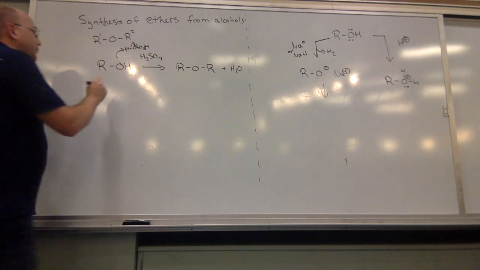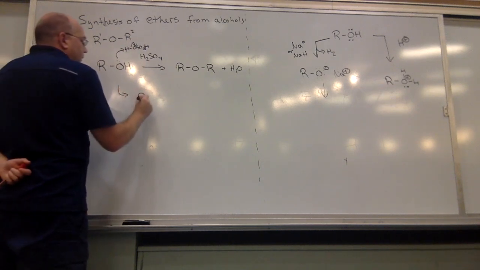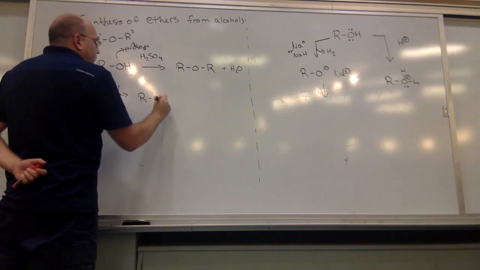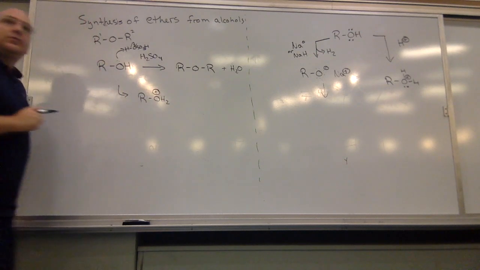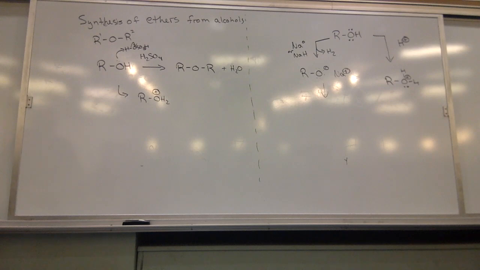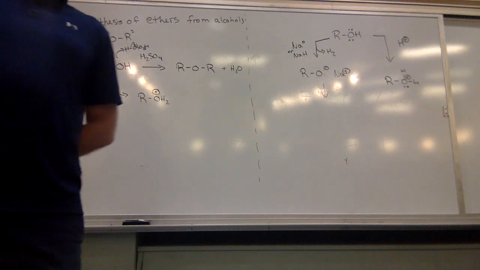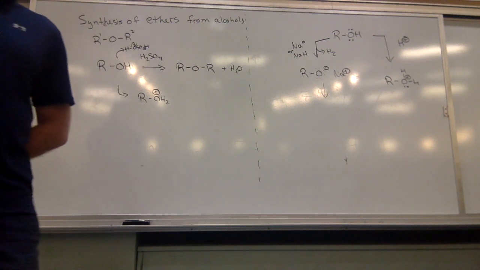It's protonation, right? That's going to generate water. Depending upon the nature of what the R group is, we can potentially invoke an SN1 type mechanism or an SN2 like mechanism. To keep it a little bit simpler, we'll stick with the SN1 mechanism just because we'll break it down.